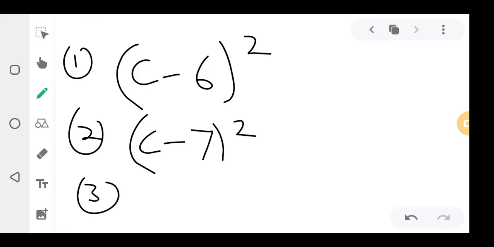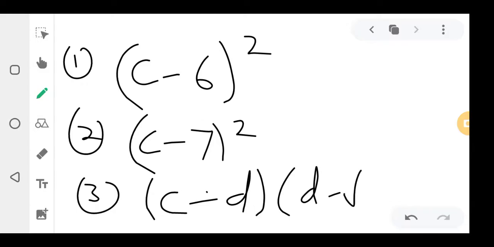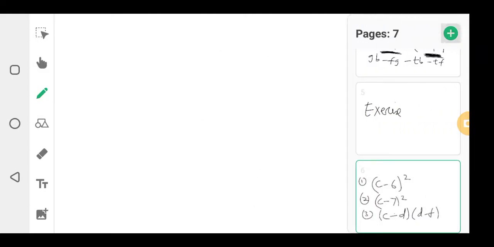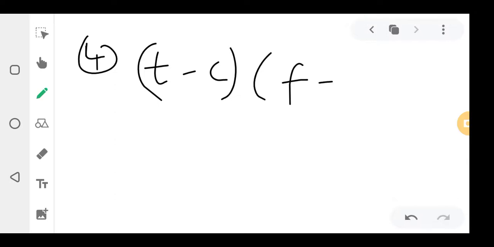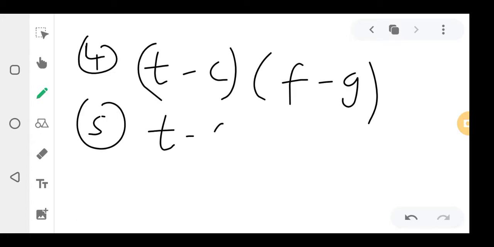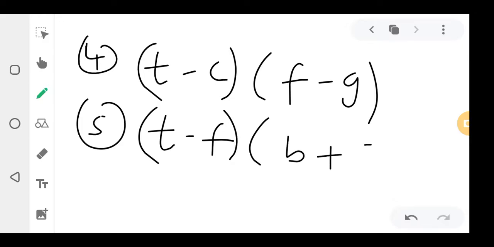Question 3. (c minus d), open closed, open bracket, (d minus f), closed. Question 4. (t minus c), open closed, (f minus g), closed. Question 5. (t minus f), closed, (b plus 5).